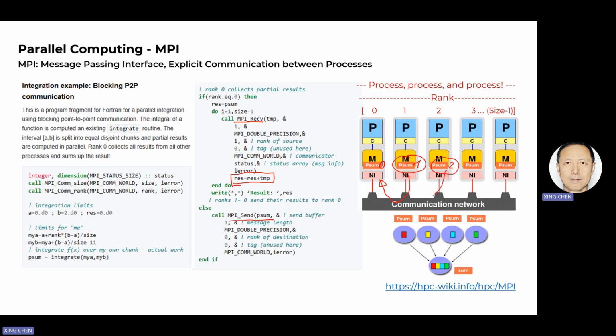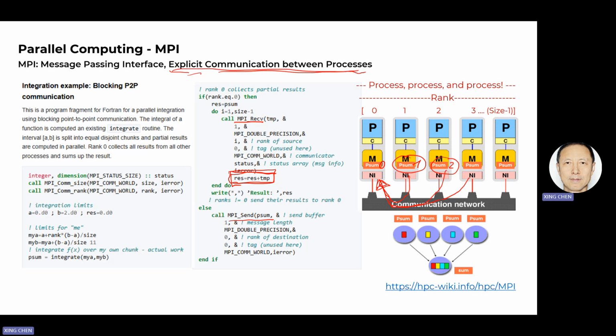The same for the others. Everything goes physically through the network to process 0, and process 0 is going to do the accumulation to have this final result, because there really is communication, and it is explicit communication between processes.